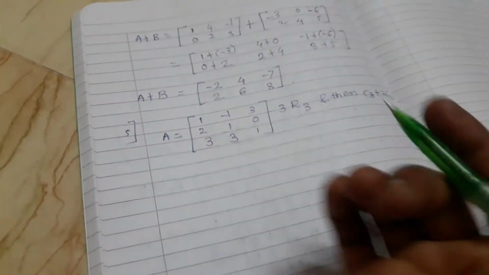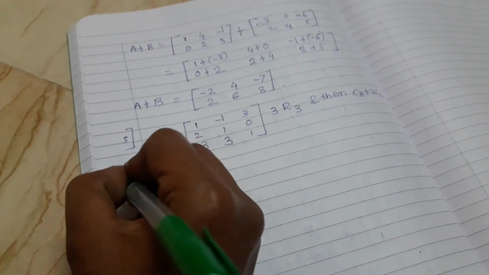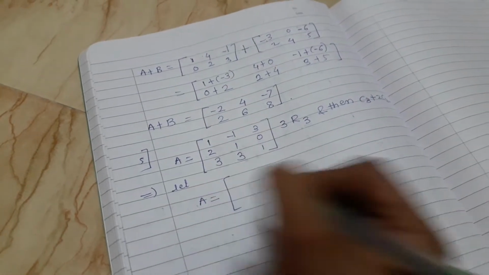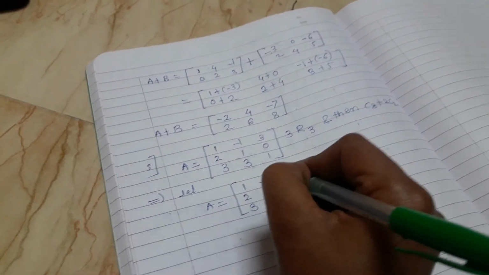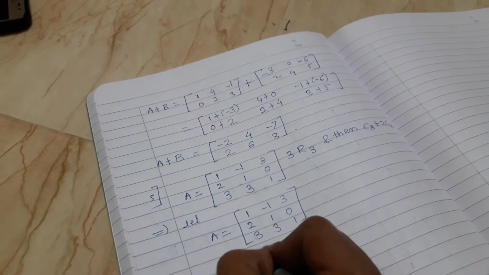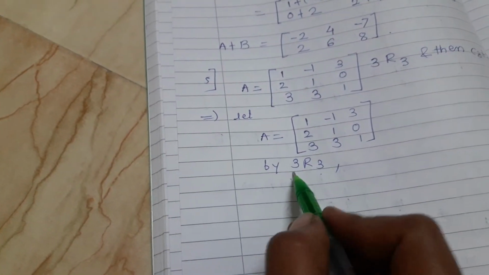Let me do these operations on the given matrix A. First of all, let me write the given matrix: A equal to 1 2 3, minus 1 1 3, 3 0 1. Now, 3 times r3 means we want to multiply the third row by 3.